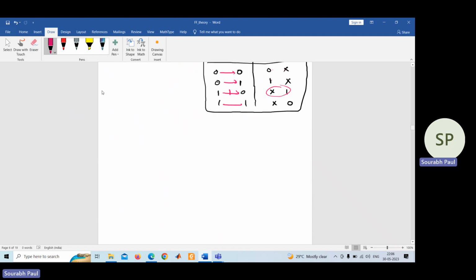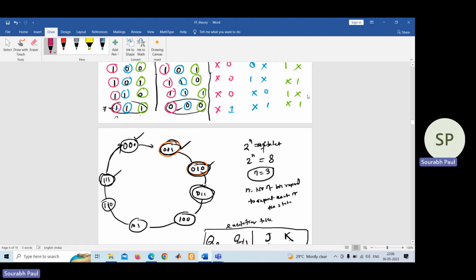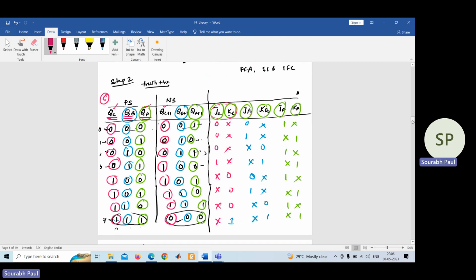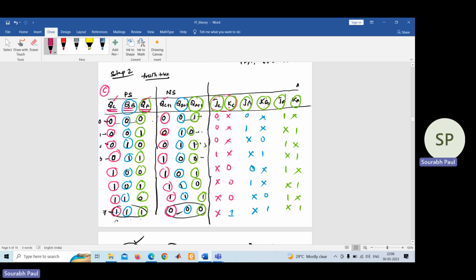So you go to step number 3. Find out the first one, that is JC. The variables are QC, QB, and QA. See the values: 0, 0, 0, 1.